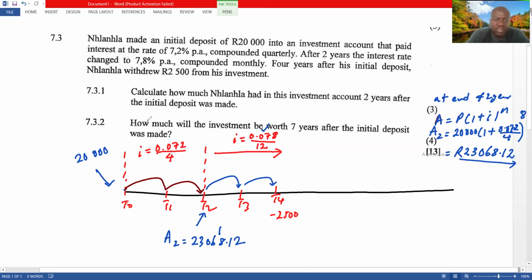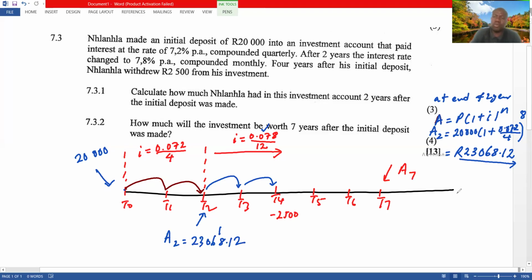Then the second question says, how much will the investment be worth 7 years after the initial deposit? 7 years after, so it means now you're going to add 5, 6, and 7. So it's 1, 2, 3, 4, 5, 6, 7. I wanted to know the amount that the investment will be worth at the end of 7 years.